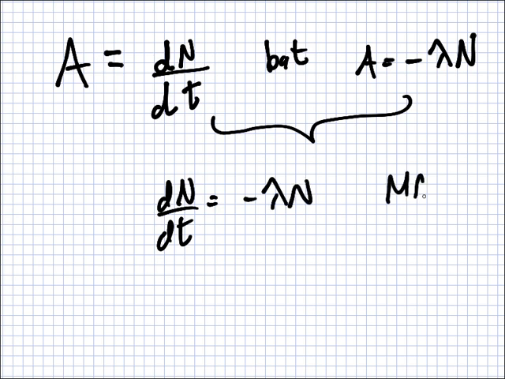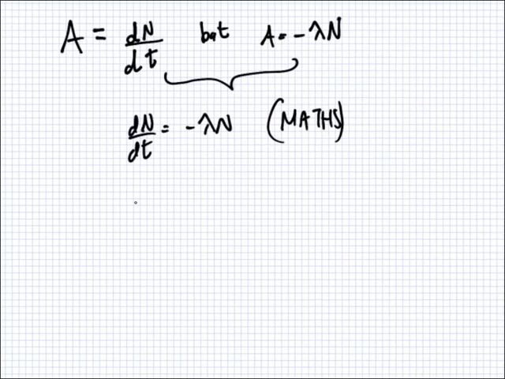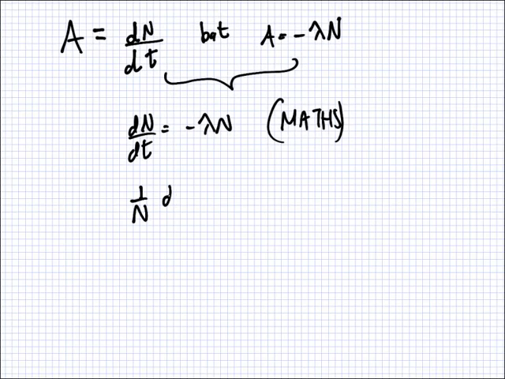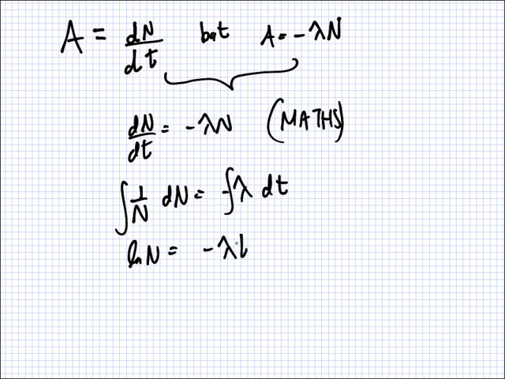Now, you remember you did this in maths class. So what you can say is 1 over N dN equals minus lambda dt. So what do you get here? ln N equals minus lambda t plus c. So N equals e to the minus lambda t plus c, which is e^c times e^(minus lambda t).